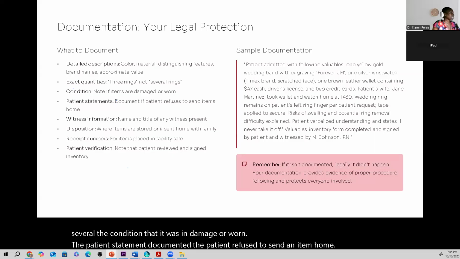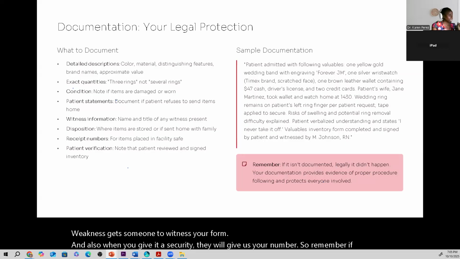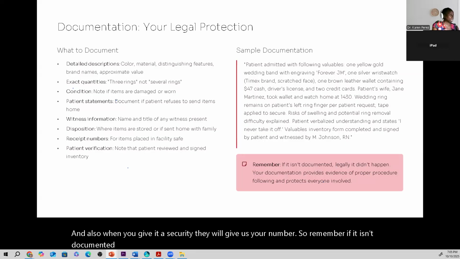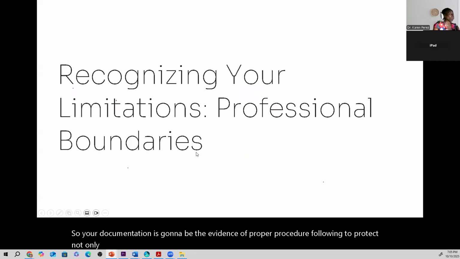Get someone to witness your form, and when you give it to security, they will also give you a number. Remember, if it isn't documented, legally it didn't happen. Your documentation is the evidence of proper procedure being followed, to protect not only you and the patient, but also the facility.